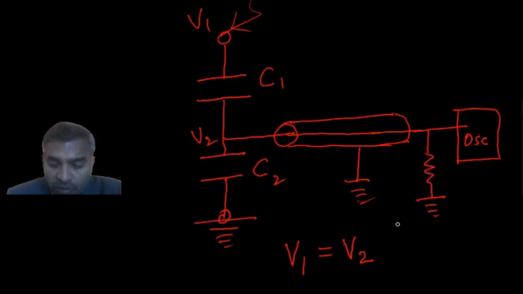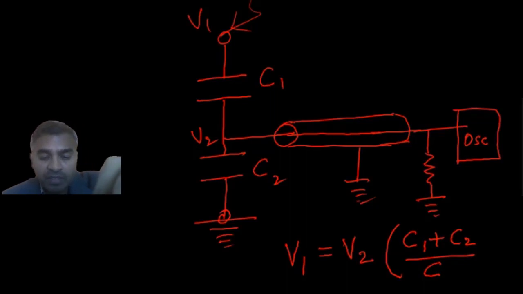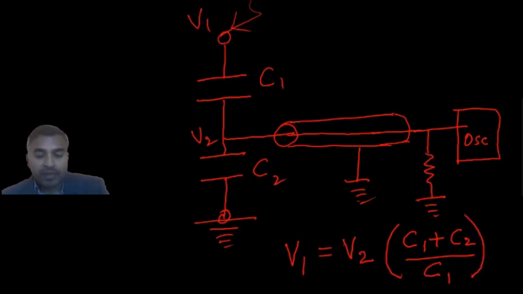So V2 into C1 plus C2 divided by C2... by C1. So everyone understood this, right? V1 is inversely related to its capacitance C1.